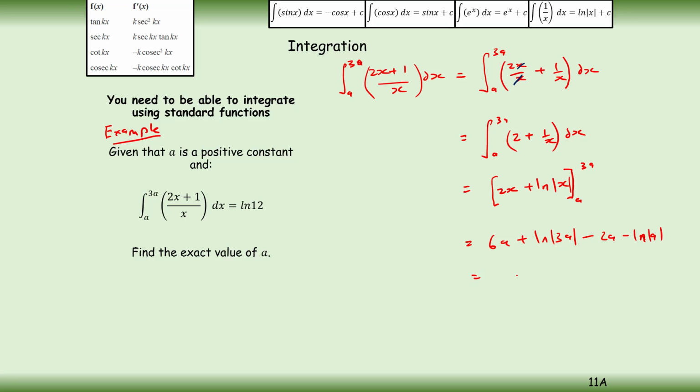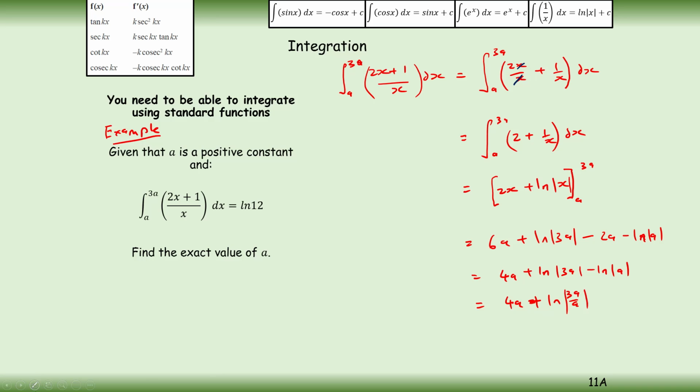So 6a minus 2a gives me 4a plus log of 3a minus log of a, and by the division rule of logs, that is 4a plus log of 3a over a.